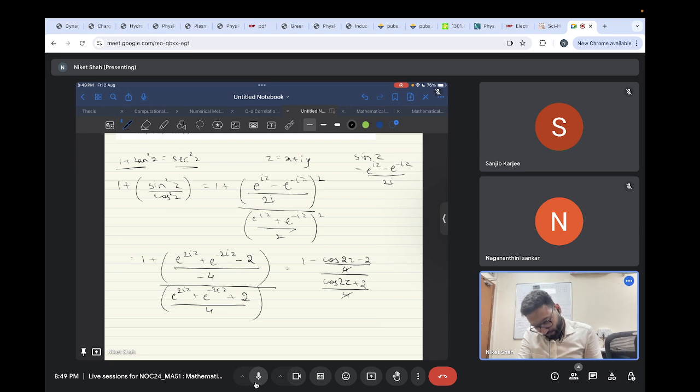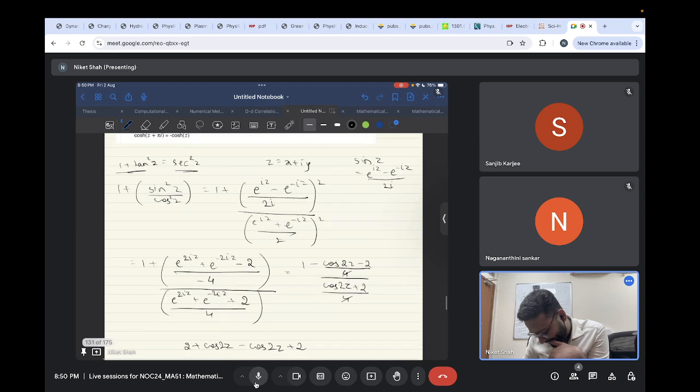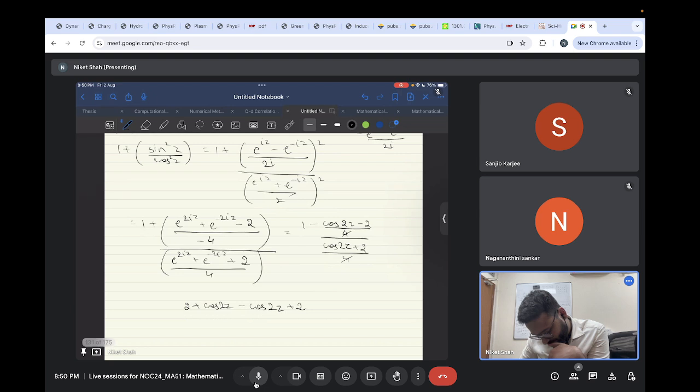So 2 plus cos 2z minus cos 2z plus 2. I am making some mistake. Divided by cos 2z plus 2.